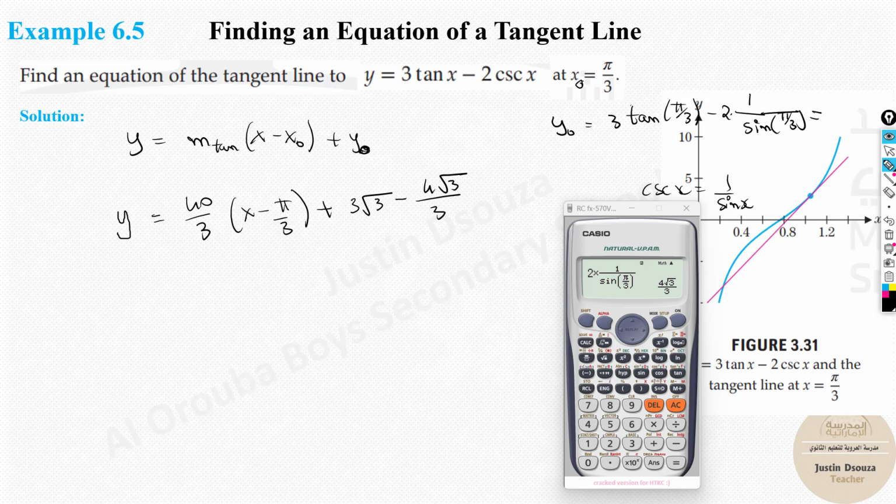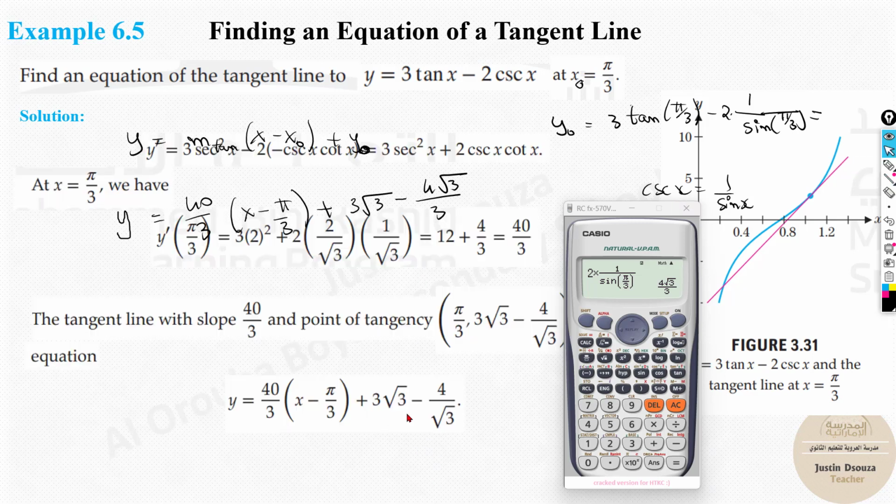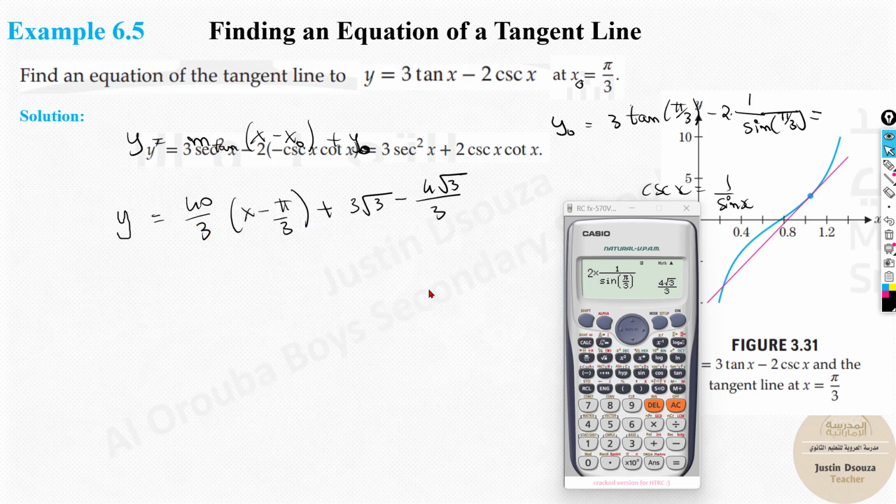So this is the final answer. This is what we get over here. Okay, if you're thinking why it's not like this, over here it's 5 root 3, over here it's a root 3 by 3, because these both values are the same. I will simplify it. Now, how do you simplify that is, now only this part I will simplify. Okay, I'll write over here 4 root 3 by 3. Sorry, it's 3.